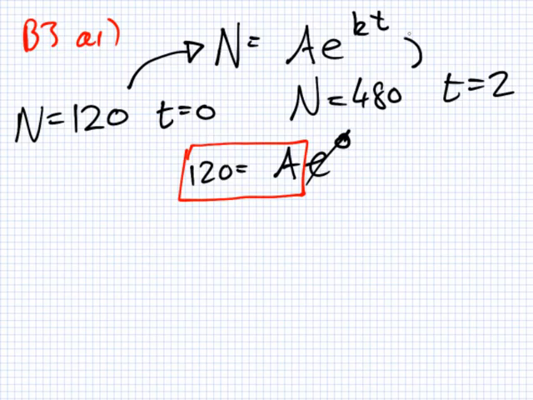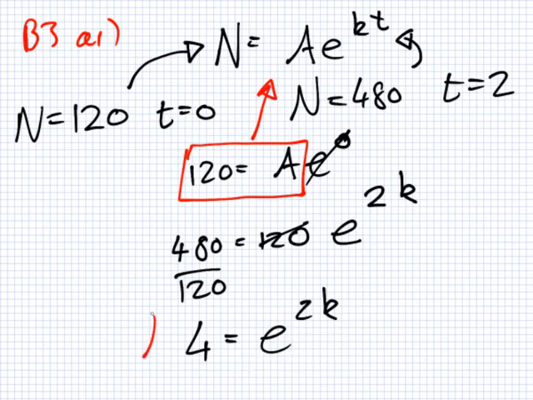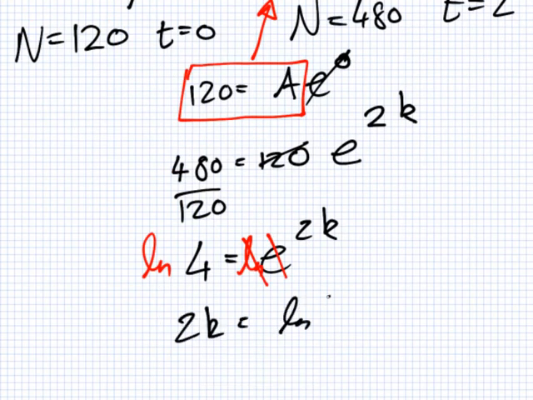Now if I put this value in and the value of A I now have, I get 480 equals 120 e^(2k). Divide by 120, that's 4. So 4 equals e^(2k). A log and e will cancel, so I get 2k equals log 4.